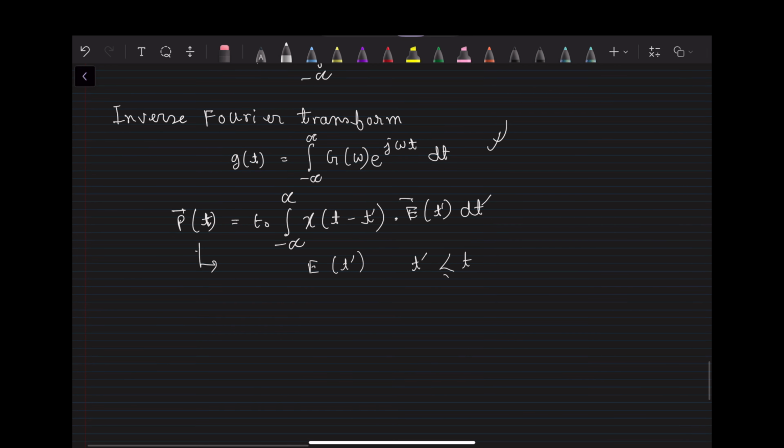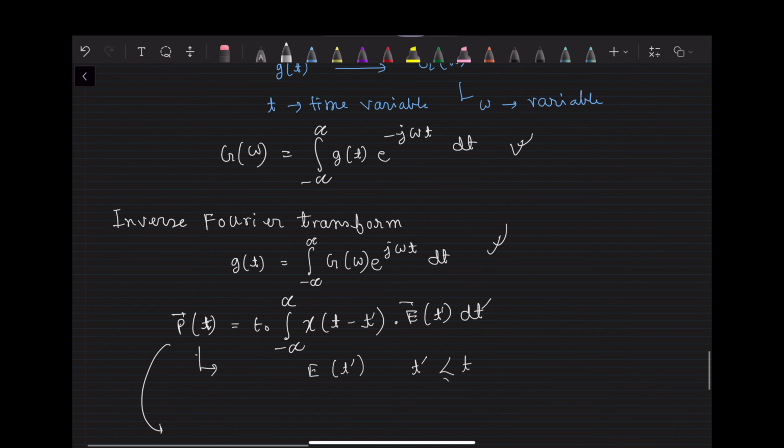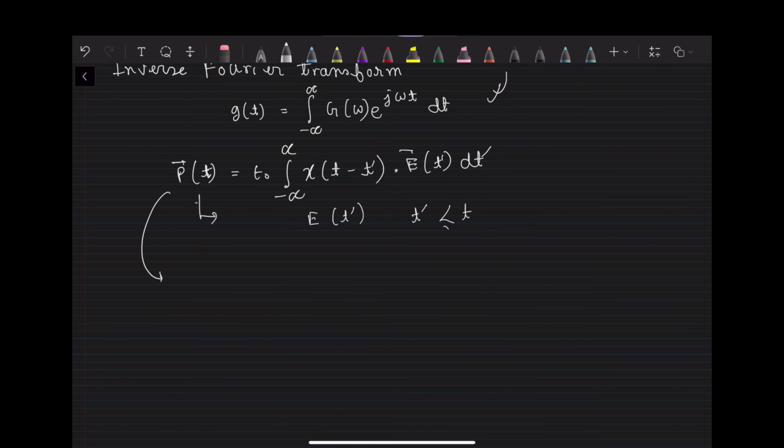Then what we can do from here, from this expression, how can we write the same expression in the Fourier domain, right? So how can we do that? So we just take the Fourier transform, okay.